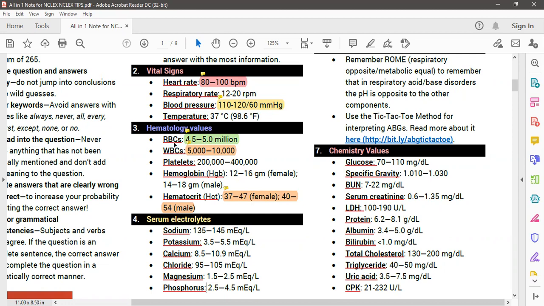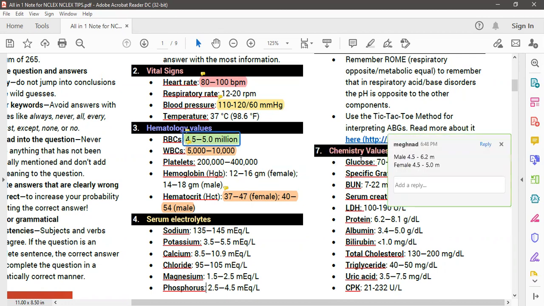The normal red blood cell count is 4.5 to 5.0 million. Some books mention that in case of men, it is 4.5 to 6.2 million, and in case of females, it is 4.5 to 5.0.